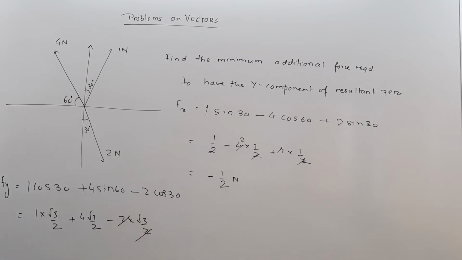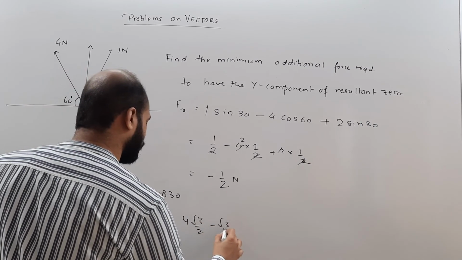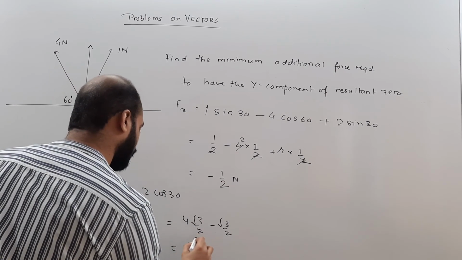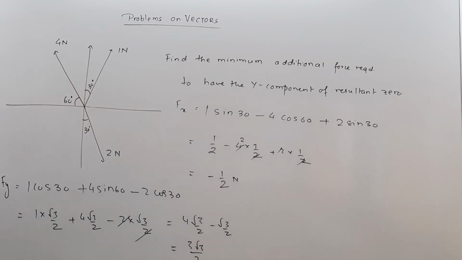So this goes root 3 by 2 plus 4 root 3 by 2 minus root 3 by 2, which comes out finally as 3 root 3 by 2. This is what we get.